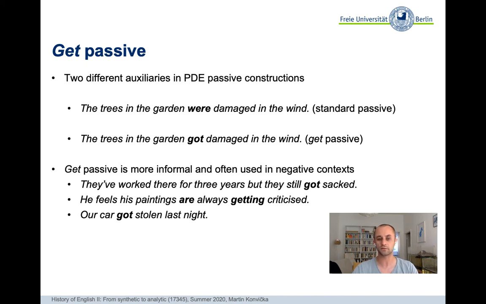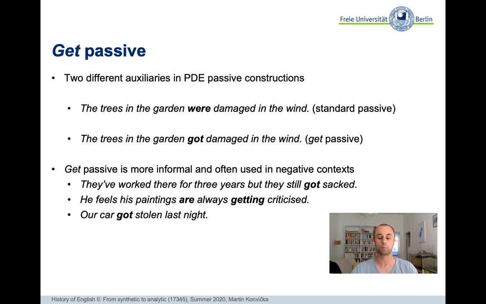The get passive is usually seen as a more informal way of expressing the state of affairs, and is very often used in negative contexts. So things like "they worked there for 3 years, but they still got sacked," "he feels his paintings are always getting criticized," "our car got stolen last night," "my purse got stolen," "I got robbed."